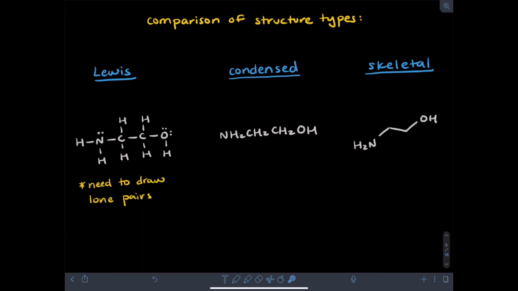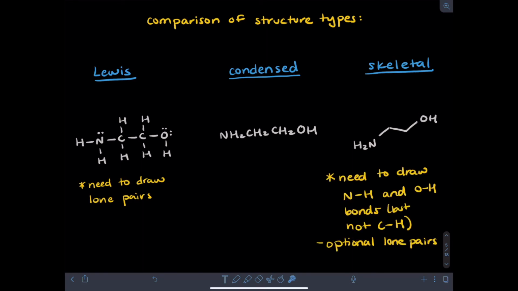And my skeletal structure would look like a nitrogen attached to 2 corners representing carbons, attached to an oxygen. The carbon-hydrogen bonds are implied, but the nitrogen-hydrogen or oxygen-hydrogen bonds are not.